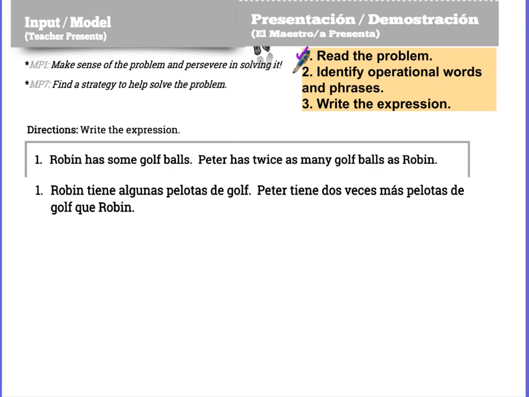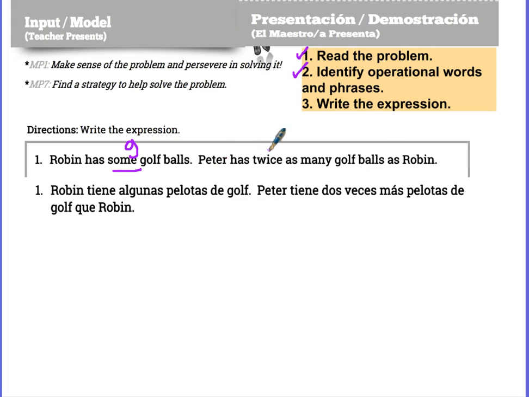I need to identify operational words and phrases. Robin has some golf balls. Some. I don't know how many that is. So I'm going to have this be my variable, and I'm going to label that G.